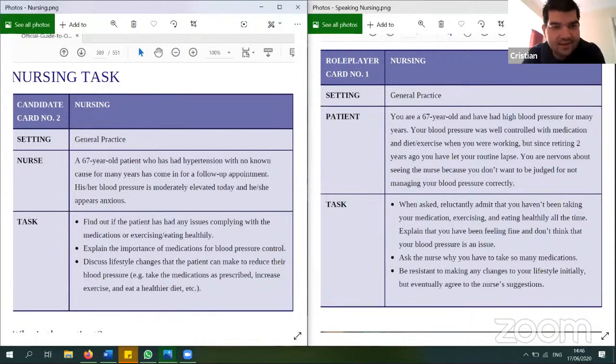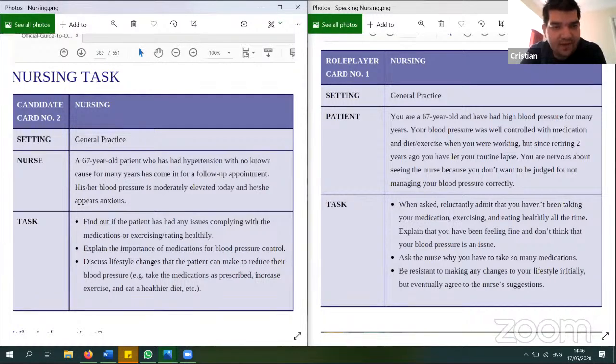Yeah, so a 67-year-old patient who had hypertension with no cause for many years has come in for a follow-up appointment. His or her blood pressure is moderately elevated today, and he or she appears anxious.